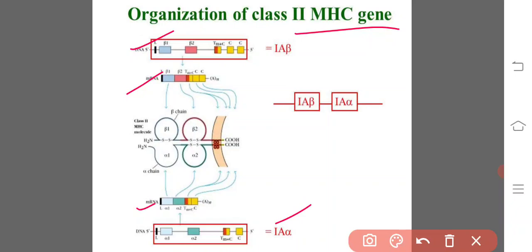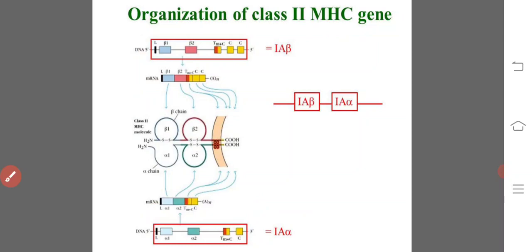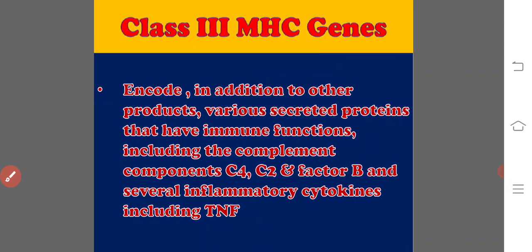Here the beta 1 gene complex synthesizes the beta 1 chain, and beta 2, transmembrane as well as the cytoplasmic regions. Here also alpha 1, alpha 2, transmembrane region and the cytoplasmic tail. Like this, there are different regions, gene complexes in the DNA that undergo transcription to the mRNA, and they are translated into the specific regions of the MHC class 2 molecules.